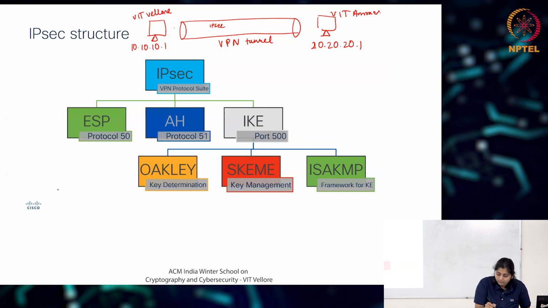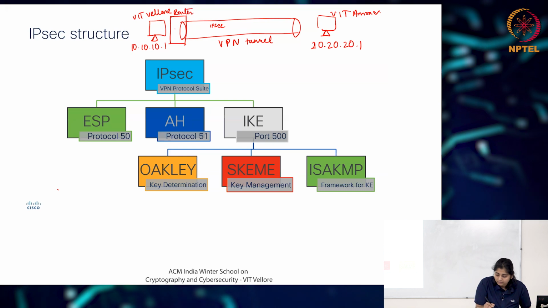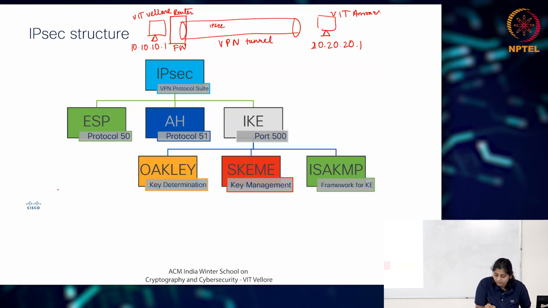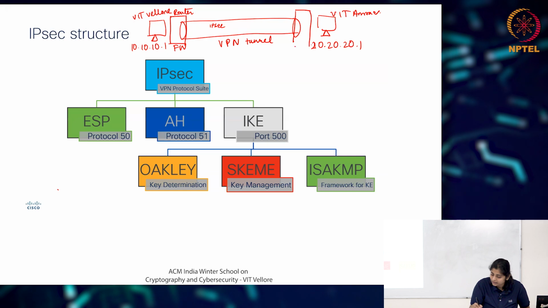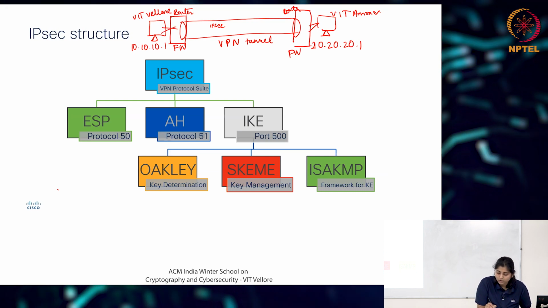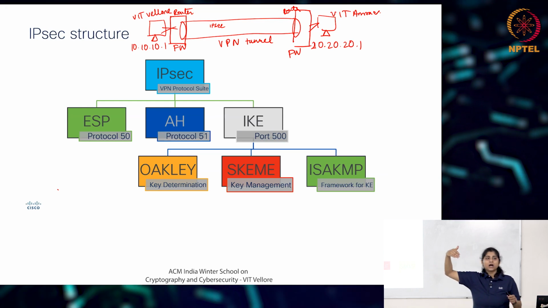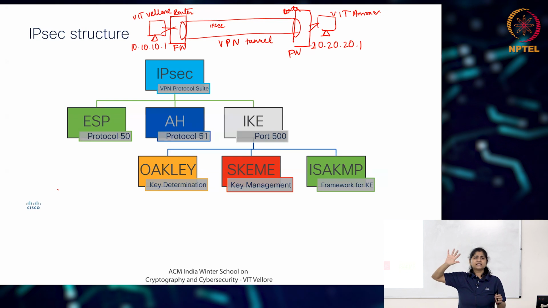It can be a router or a firewall. Similarly, here there will be a router or a firewall. Obviously, that is how these PCs are connected. They can also have switches after this, before the PCs. Making sense?